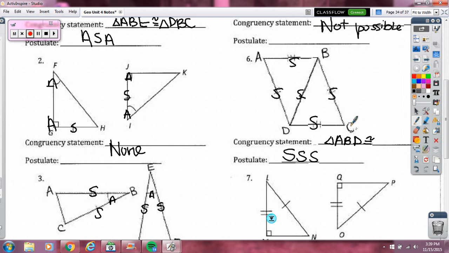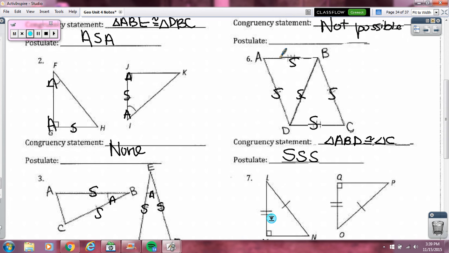Here's where things get weird. A matches up with C. And then on A, B, D, B was in between the one with 1 mark and the one with 3 marks. So the one with 1 mark and the one with 3 marks over here, that would put me at D, and then B.